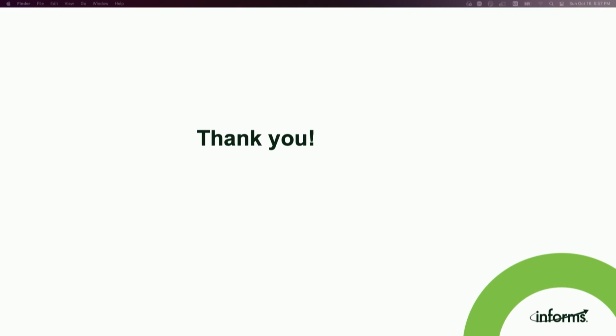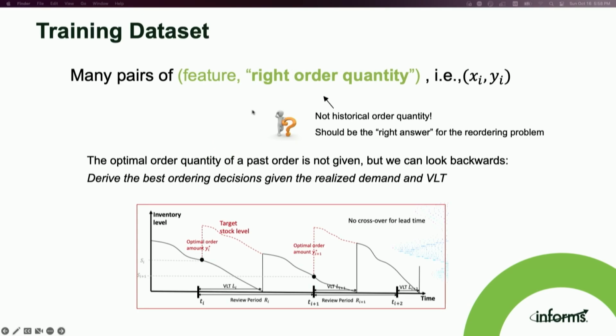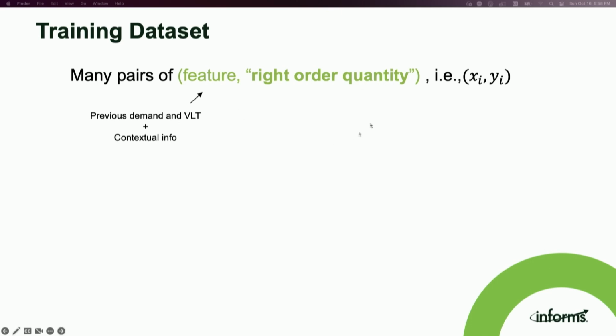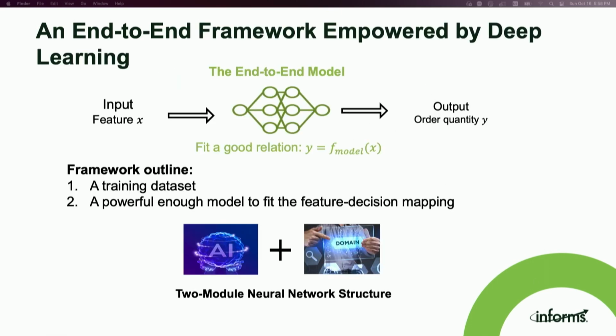So I was just wondering, what were the features you were using in your model? Which one? The neural network. Okay, you mean the features here? I think it's the next slide, maybe. Here? Yes.